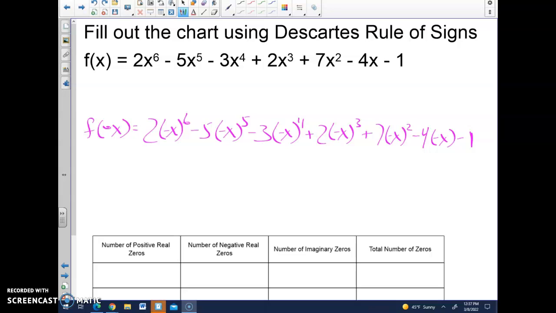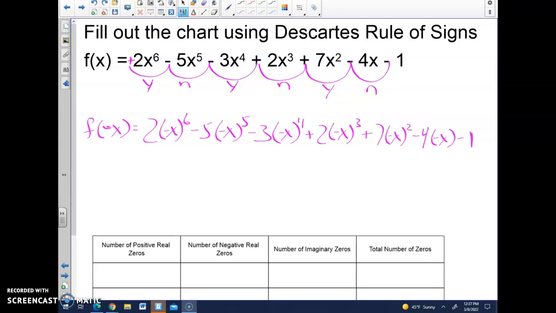And now I'm counting sign changes. If there's no sign in front of the first term, I'm going to put a plus sign down. That's a sign change. Yes. That's not a sign change. No. Sign change. Yes. No. Yes.